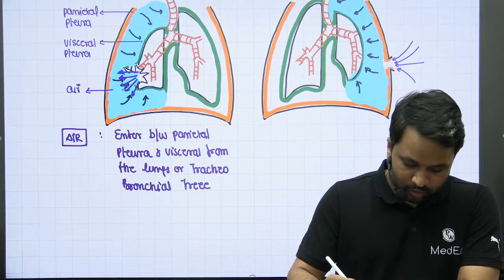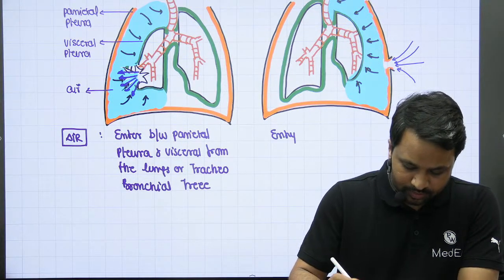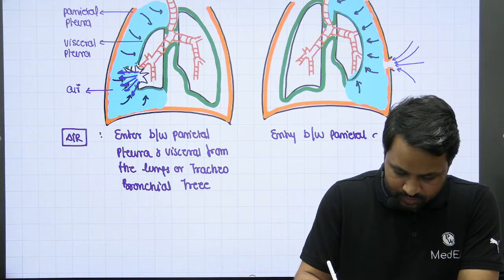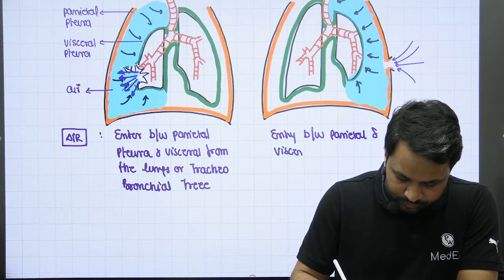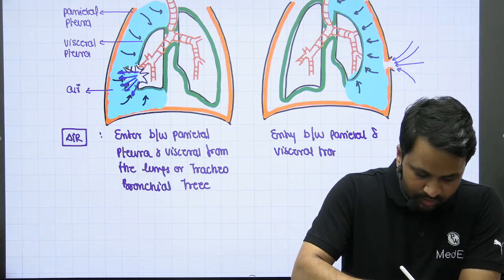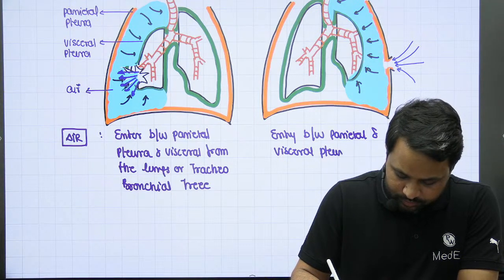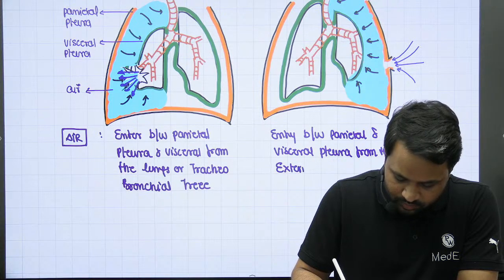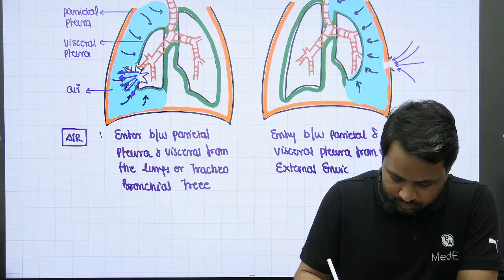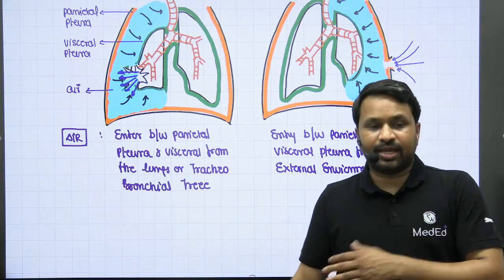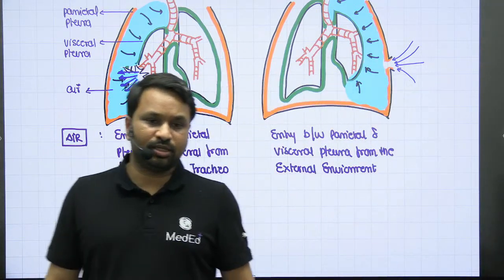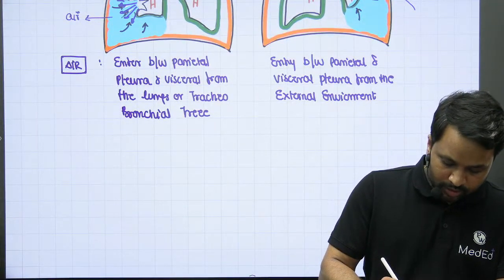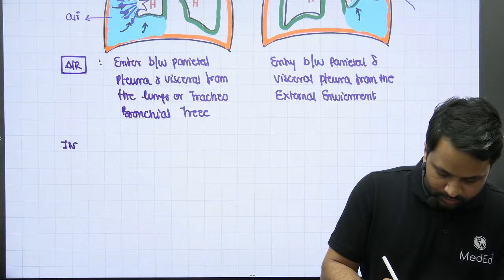Whereas in open pneumothorax, the air entry between the parietal and the visceral pleura is from the external environment. So we talk about the mode of injury here.